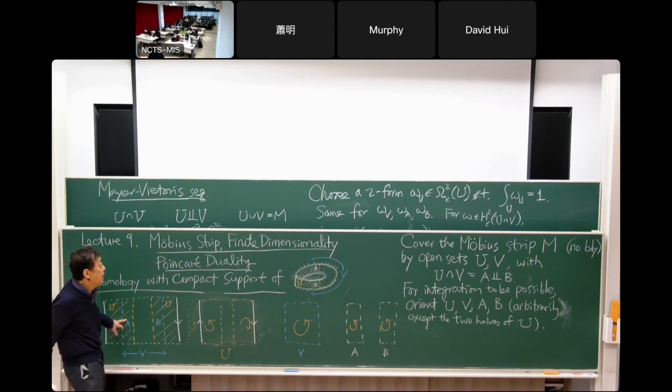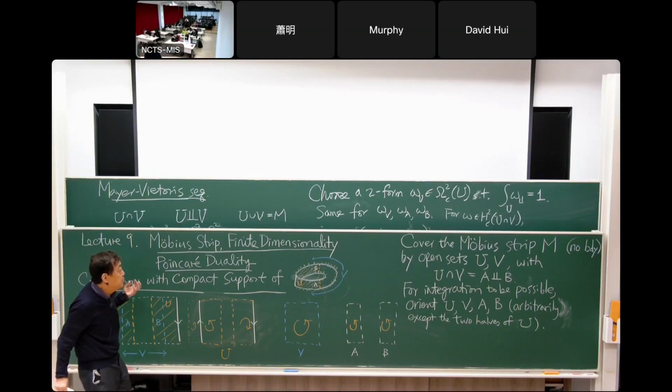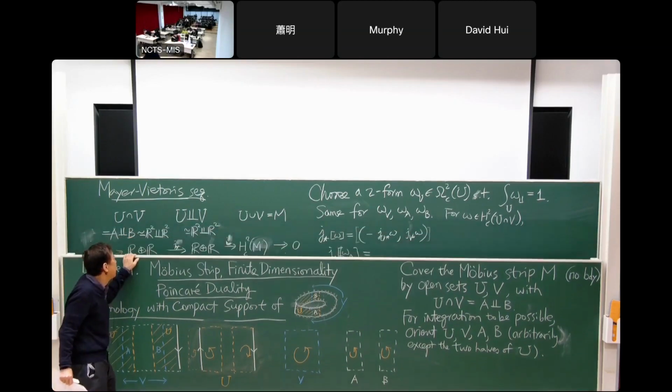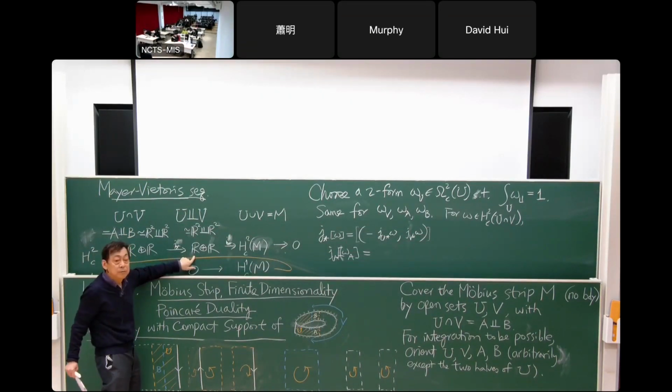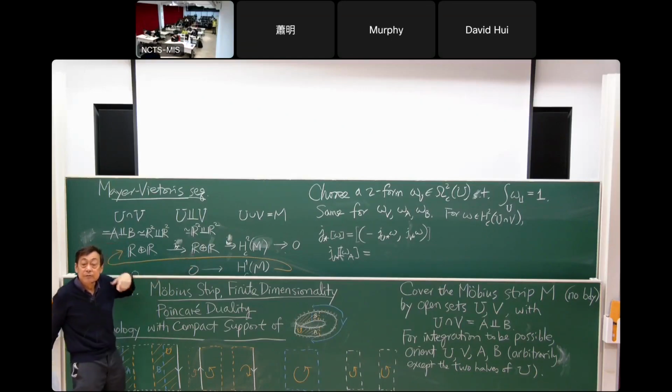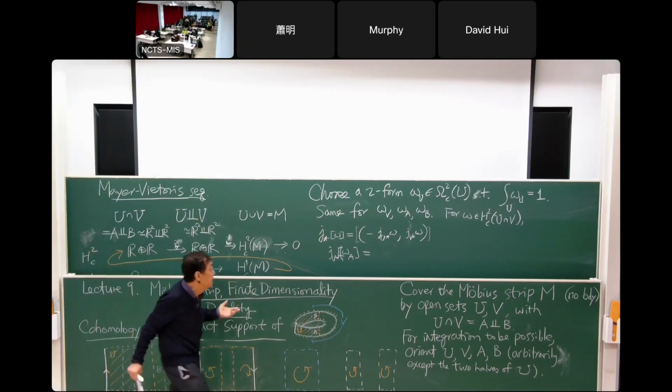And to figure out which real number it goes to, you just have to integrate, because that's how you make the identification.